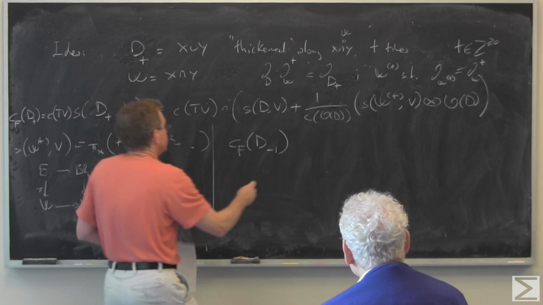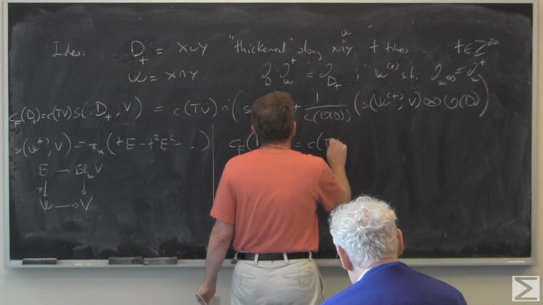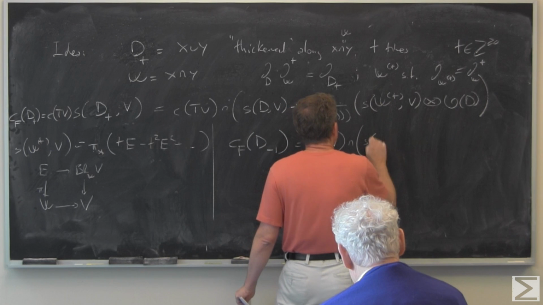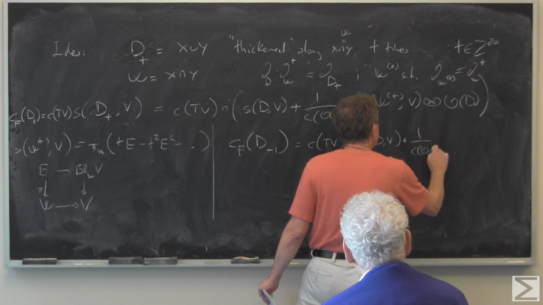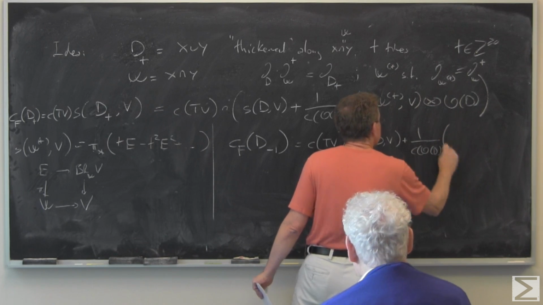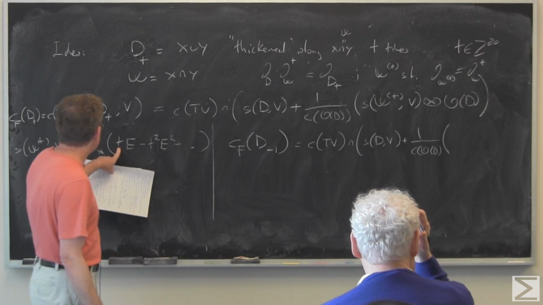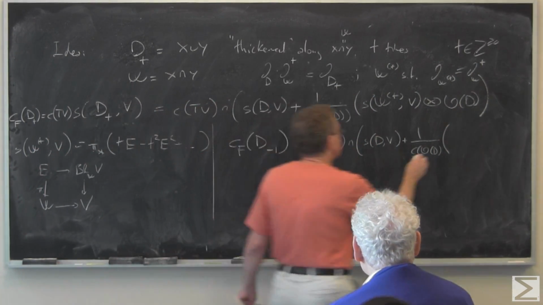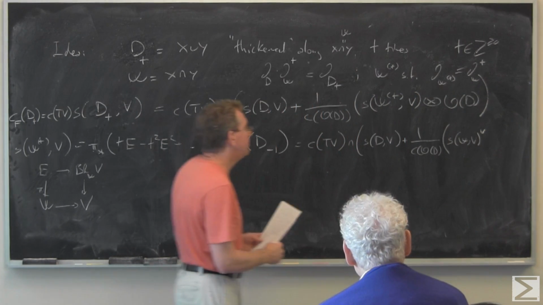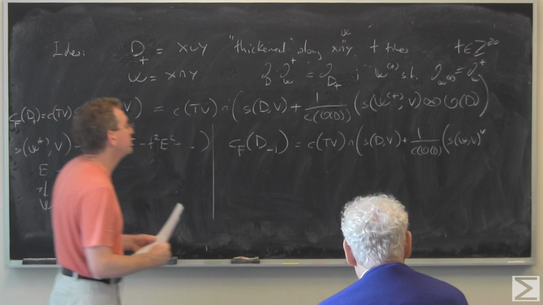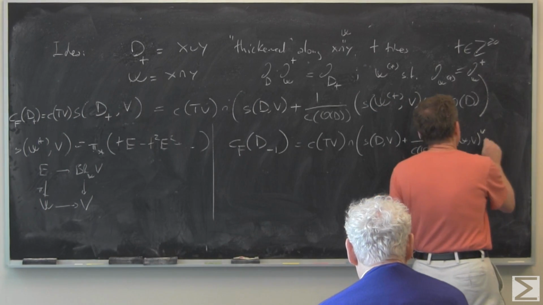And you apply this. That gives you c of TV cap Segre of D in V, 1 over c of D. This class, if t is -1, is exactly the dual of WV. You remember I had this other piece of notation here, dual, that's exactly what that is, tensor of D.